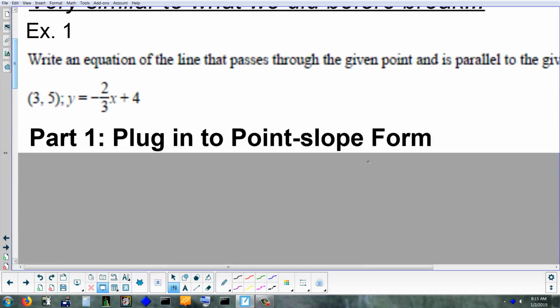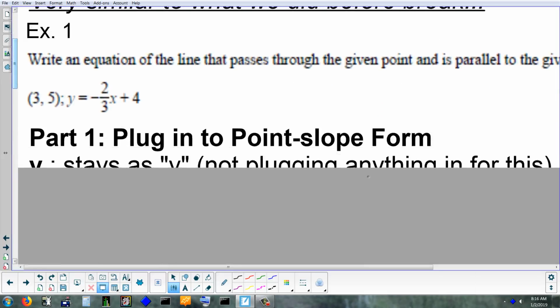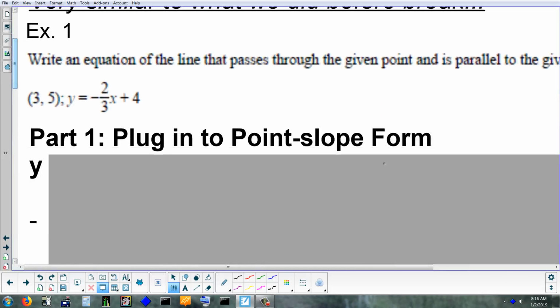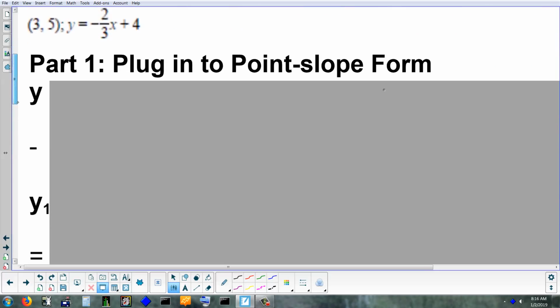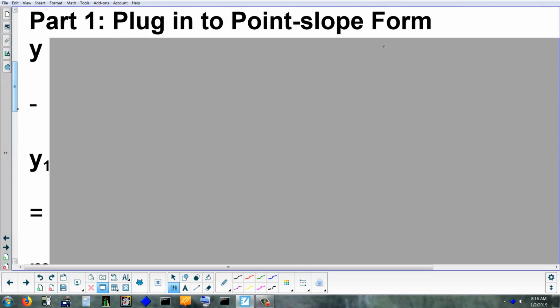First thing, you're going to plug everything into that formula that we've gone over: y minus y1 equals m times x minus x1. Just like we did when we did point slope before, we'll go through each thing and what you have to plug in for.